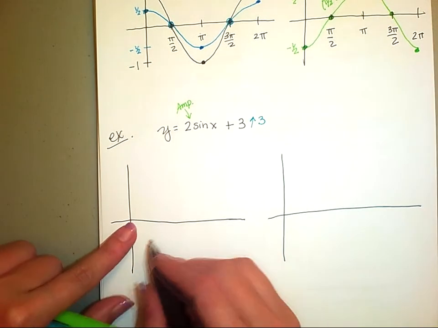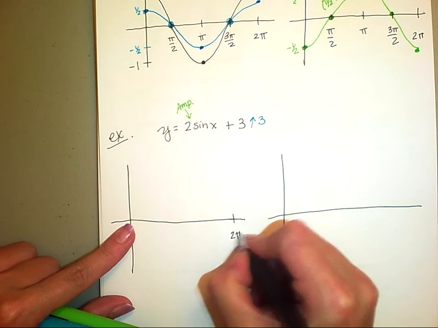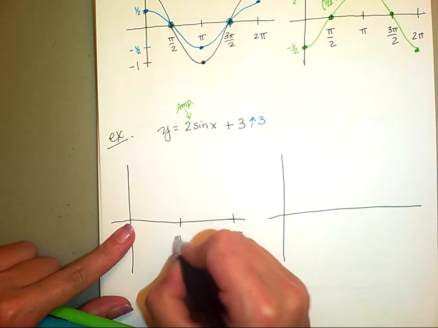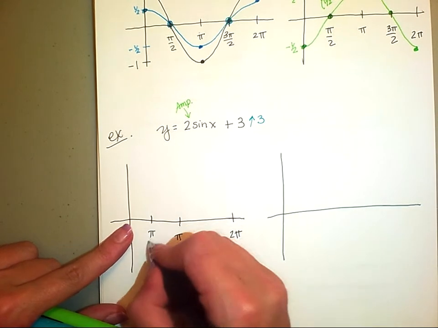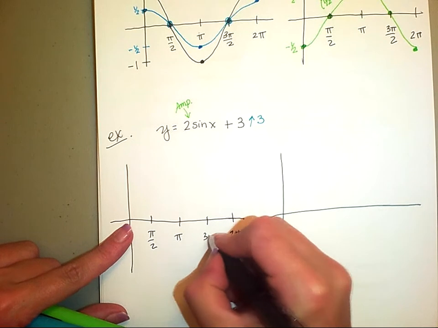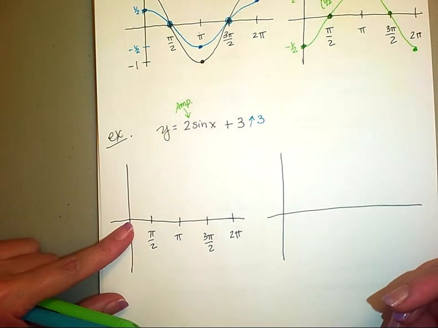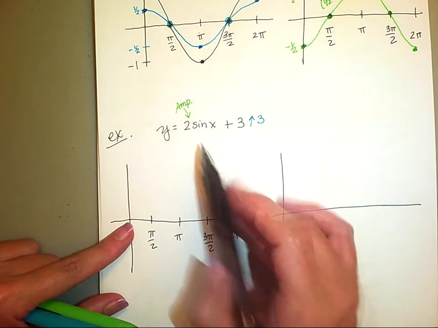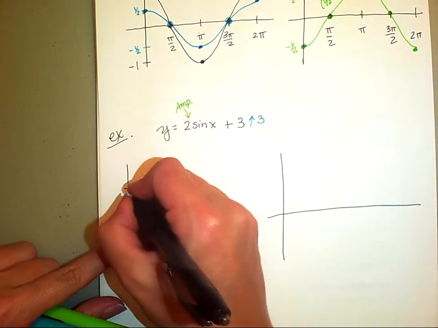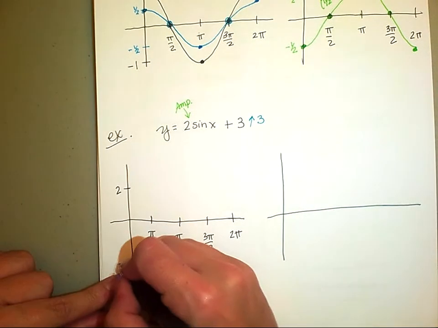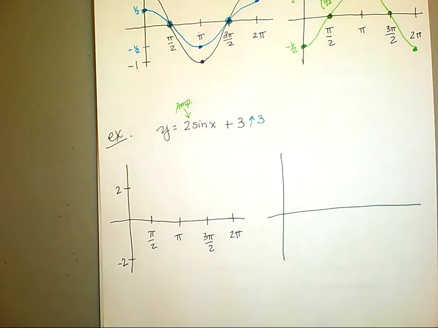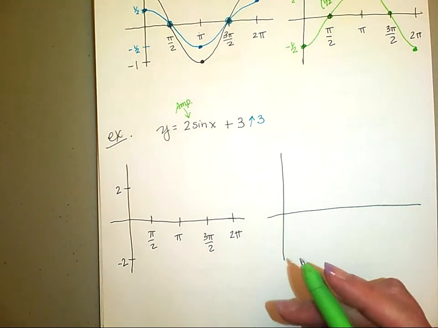Again, I'm going to pick some period, some length, 2 pi. Then this will be pi. Then half of that is pi over 2. And half of that's 3 pi over 2. We're going to graph the amplitude change first. So the amplitude will go from positive 2 to negative 2.